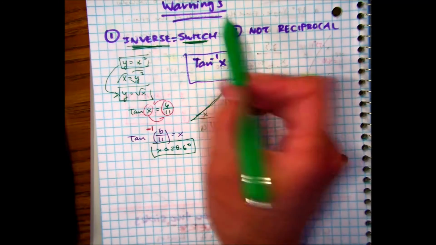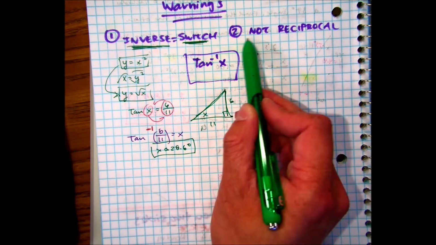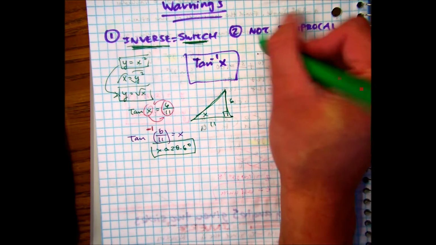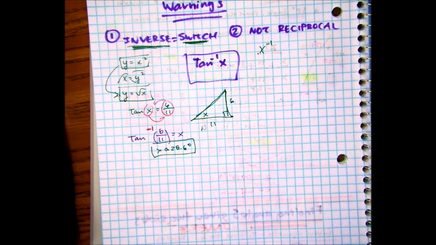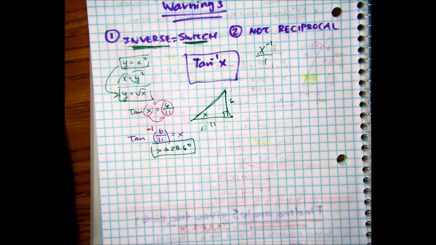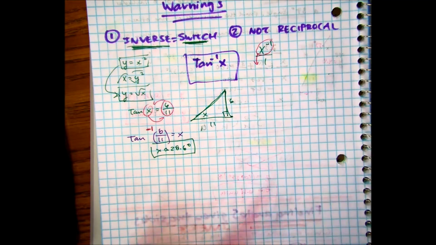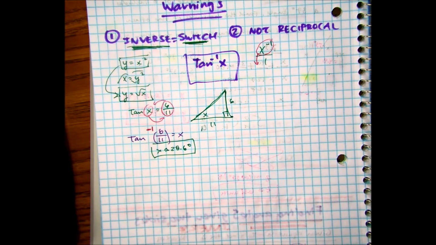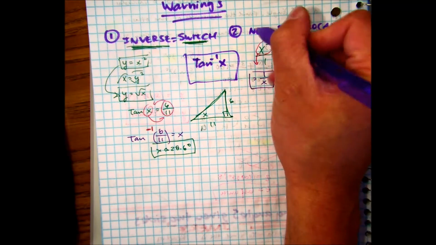Now, a warning is that this does not mean the reciprocal. X to the negative 1 power, if I asked you to simplify that exponent, you would put it over 1. You would take this whole expression and switch places. So your answer for this problem would be 1 over x. This is the reciprocal.